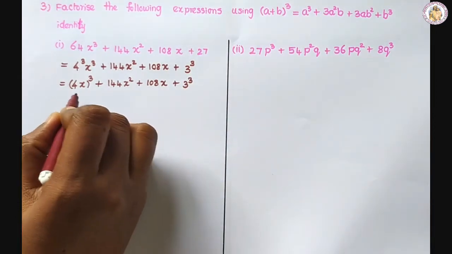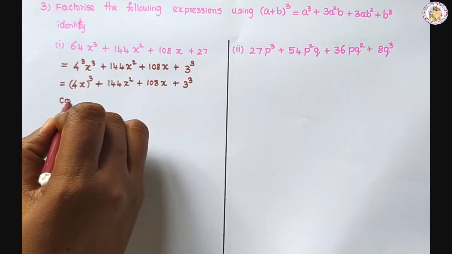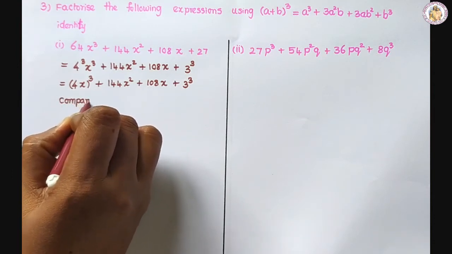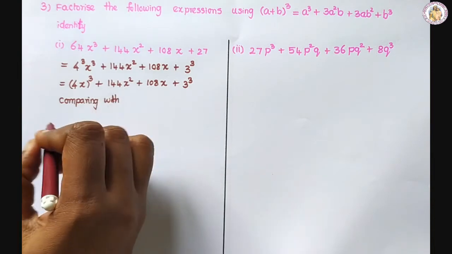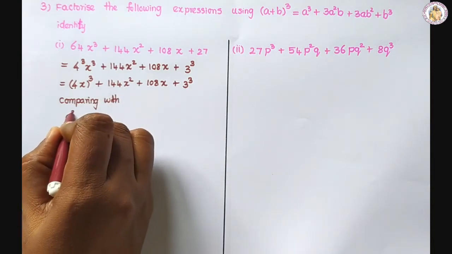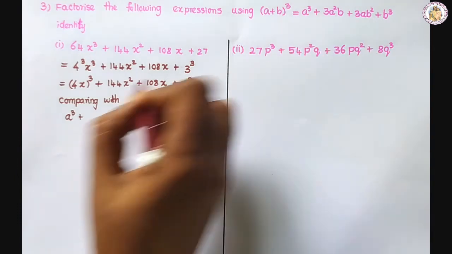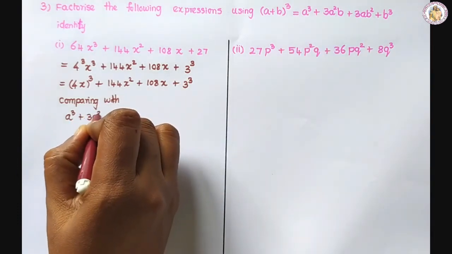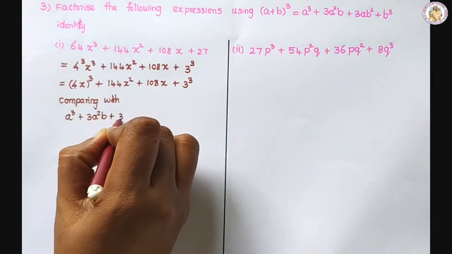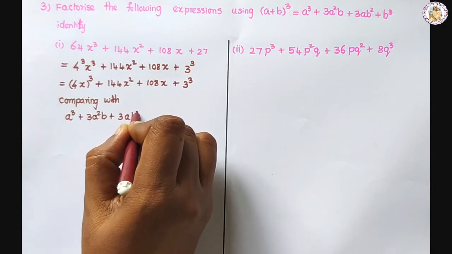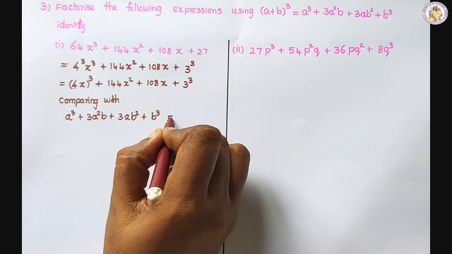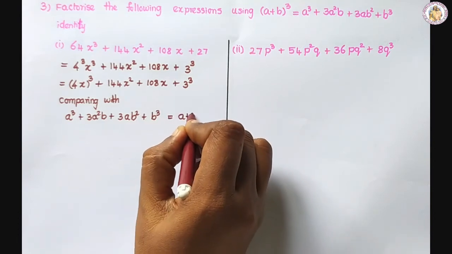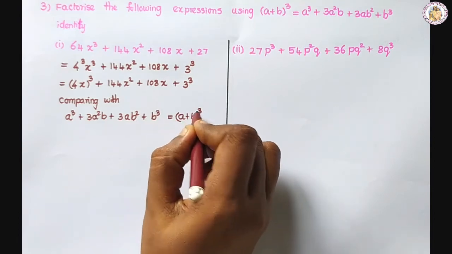Comparing this with a cube plus 3a squared b plus 3ab squared plus b cube equal to a plus b whole cube.